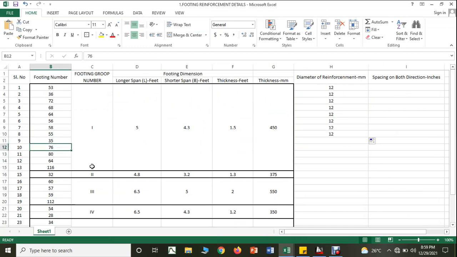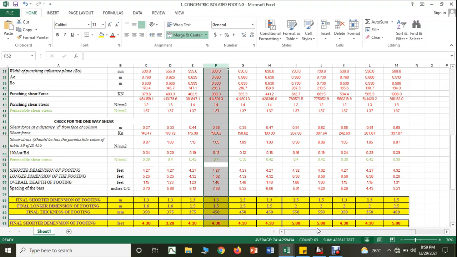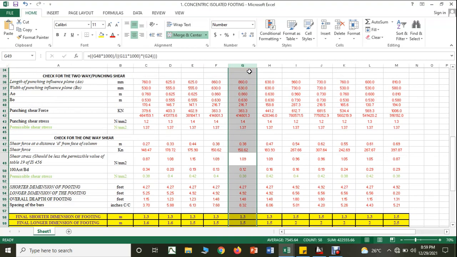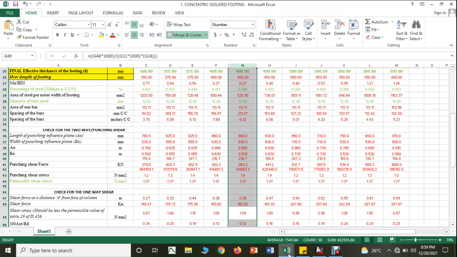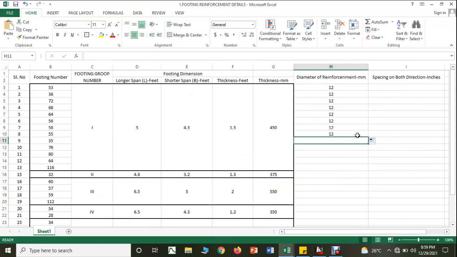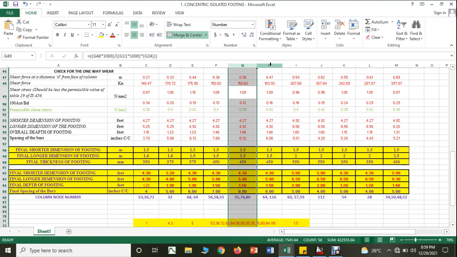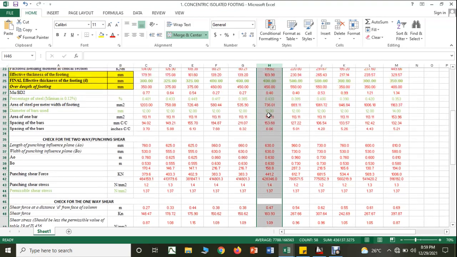Then 35, 76, 80. What is the diameter? That is also 12. 1, 2, 3. Then finally you have 64 and 116. What is that dimension?